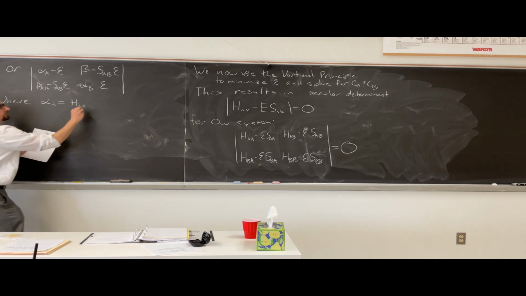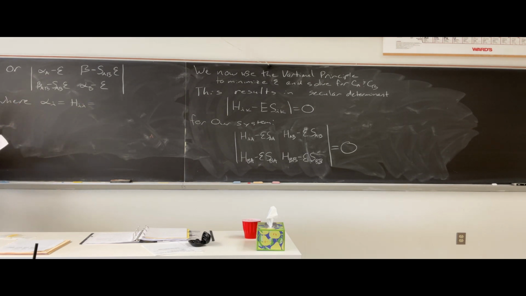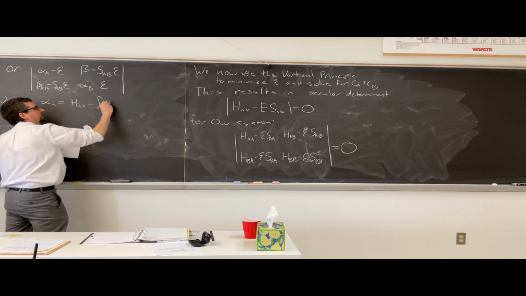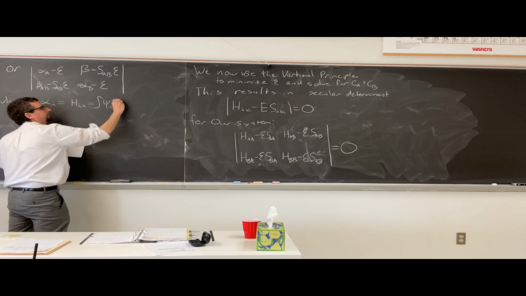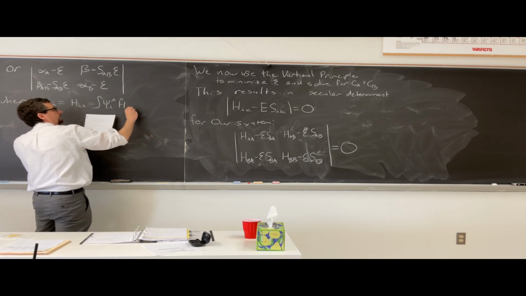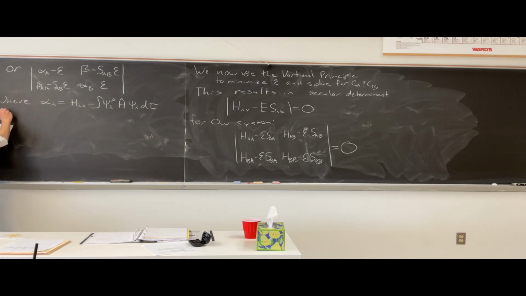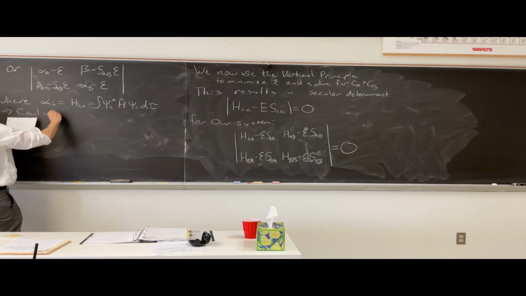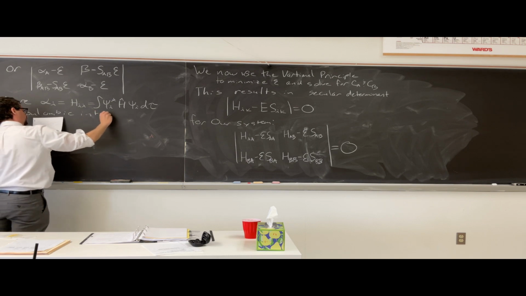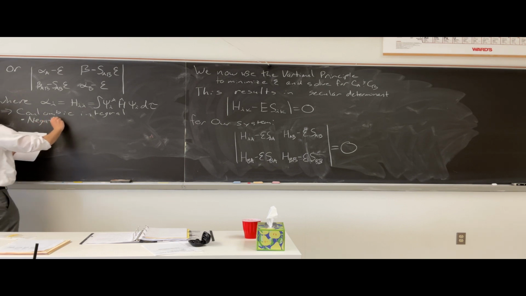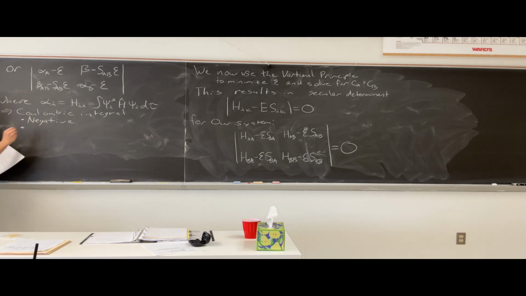And what would that be equal to if we wanted to express it out with wave functions? Yep. This is known as the Coulombic integral. It tends to be negative, and it's the energy of the electron occupying the ith orbital.